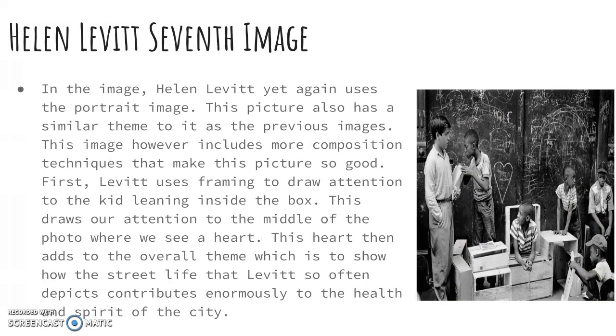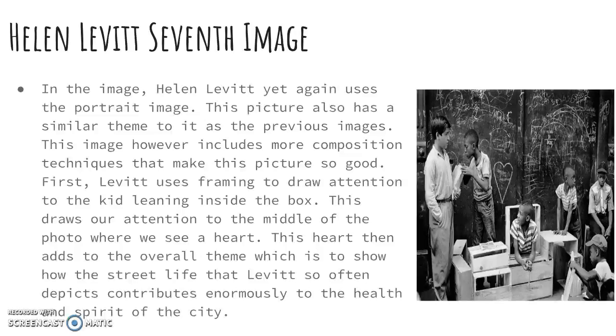So for the seventh image, Levitt again uses the portrait image like many of our previous images. This picture also has a similar theme to it. This image includes more composition techniques that make this picture so good. So first, Levitt uses framing in the bottom portion of the picture to draw attention to the kid leaning inside the box.